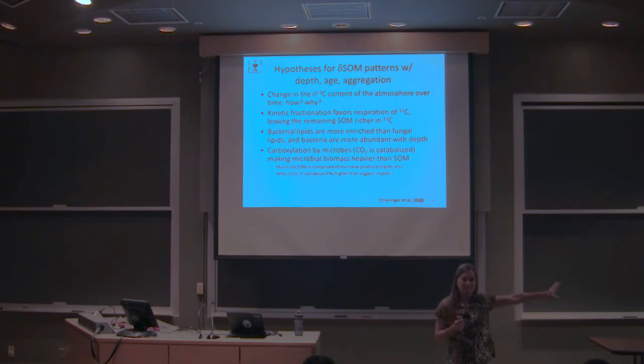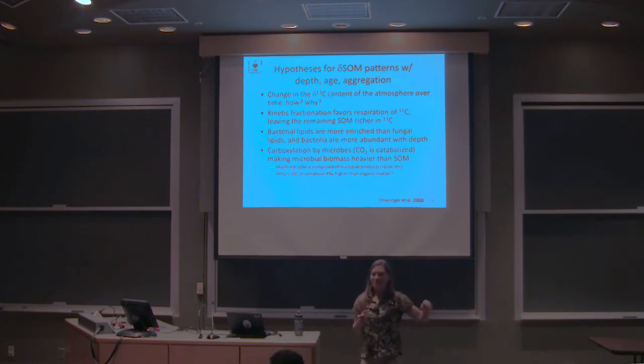It's relatively enriched, right? So some of that older soil organic matter could be enriched partly because it was formed from photosynthesis derived from a more enriched atmosphere, because now the atmosphere is becoming more depleted, right? But that actually can only explain maybe 1 or 1.5 per mil.